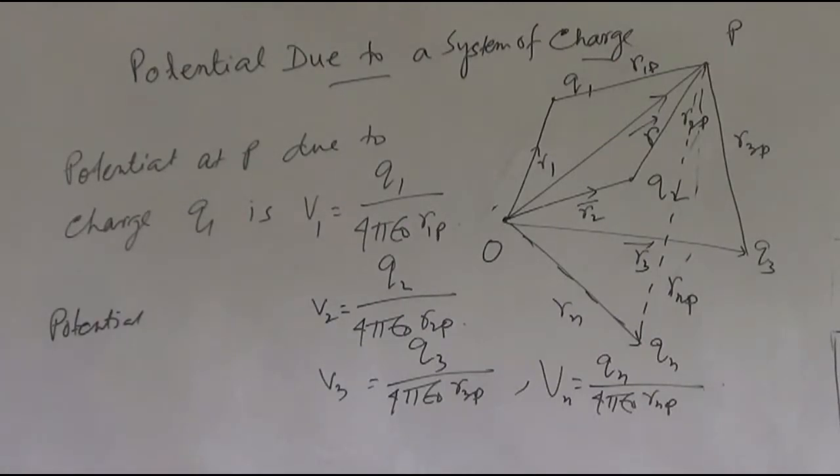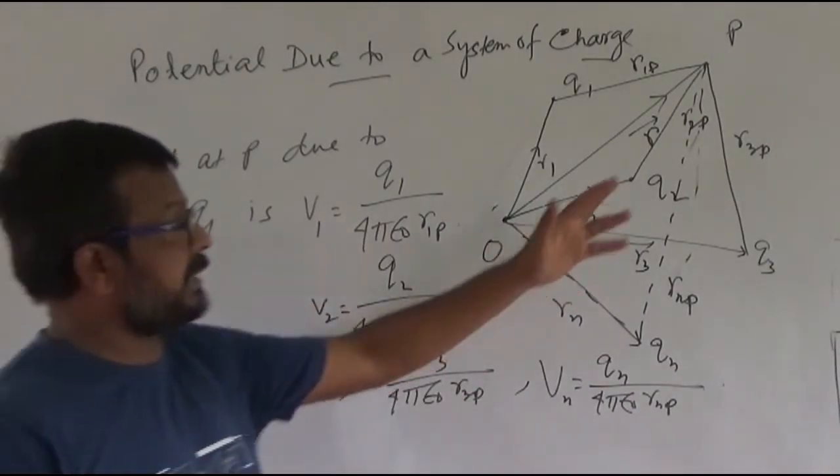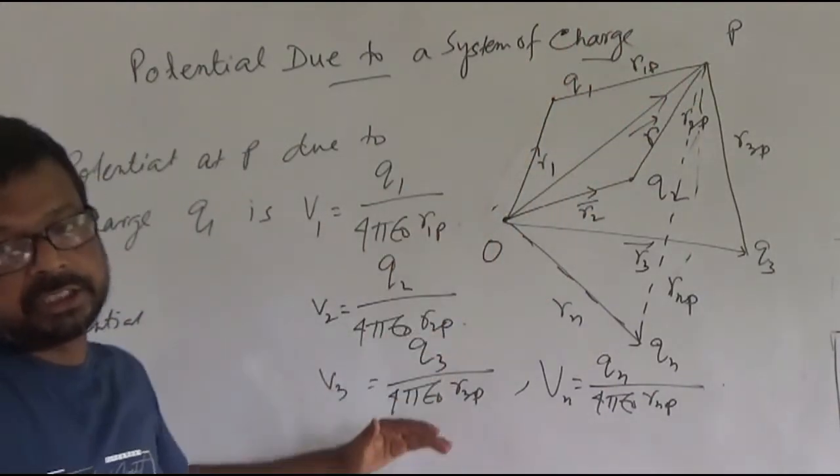Now by the superposition principle, the potential V at the point P due to the total charge configuration is the algebraic sum of the potentials due to the individual charges. We have calculated the potential at P due to the individual charges.